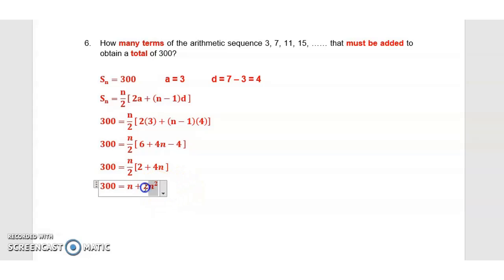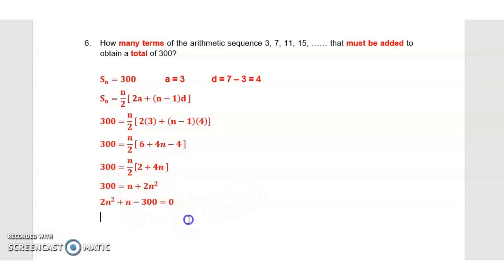So here we can arrange the equation to become 2n squared plus n minus 300, and let it equal to 0. Positive 300 you bring to this side to become minus.